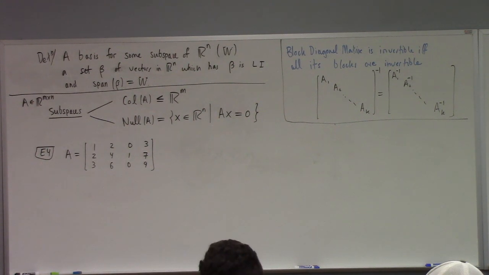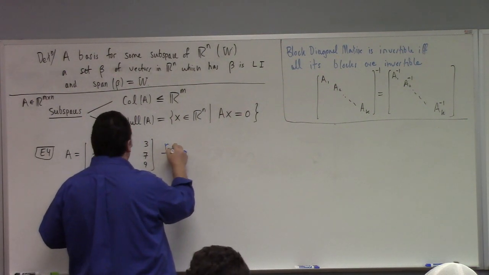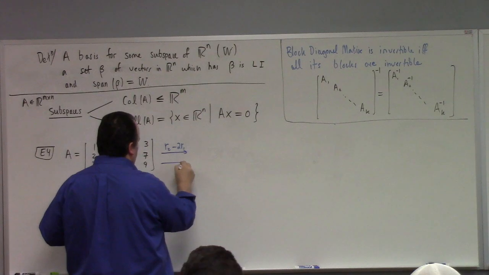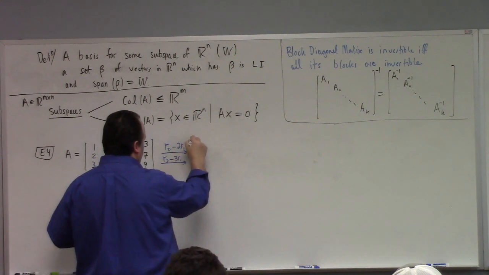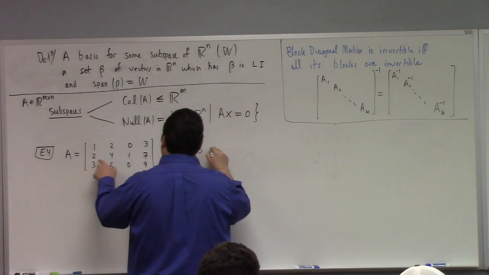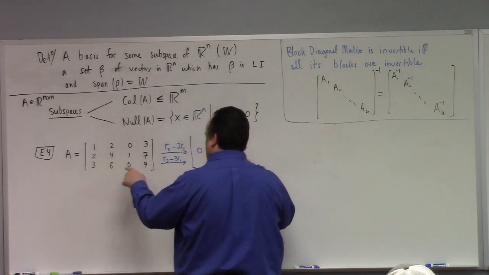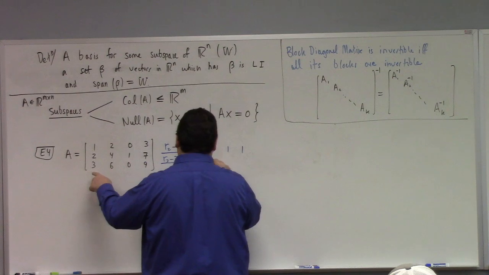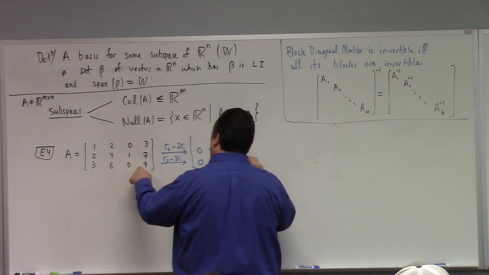All right, so let's get to it. We do row reduction. So we've got row 2 minus 2 row 1, and row 3 minus 3 row 1. That gives us a 0, a 0, a 1, 1, 0, 0, 0, 0.